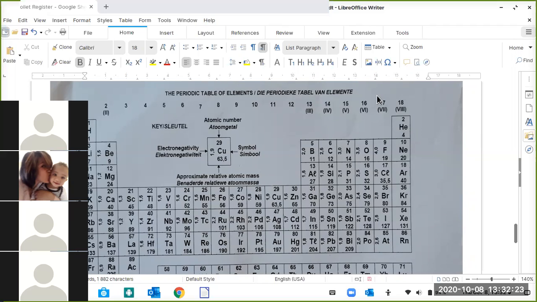There are 7. So you must also be able to read the Roman numerals. I think that one is clear, right? Those numbers are providing us with the information with regards to the number of electrons in the outermost shell. So that one is covered, right?